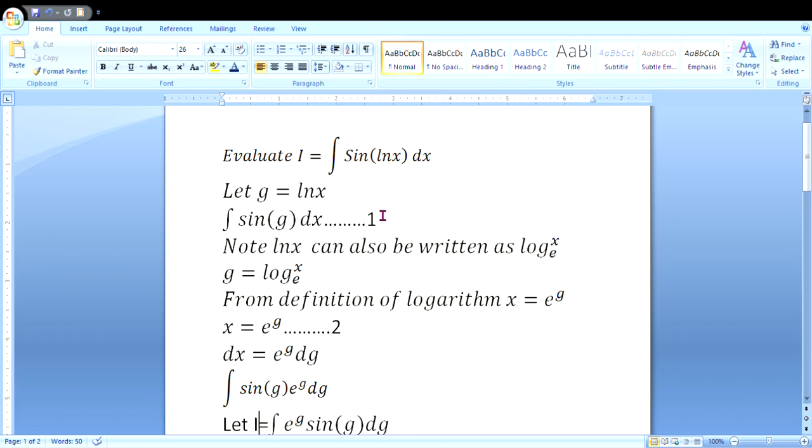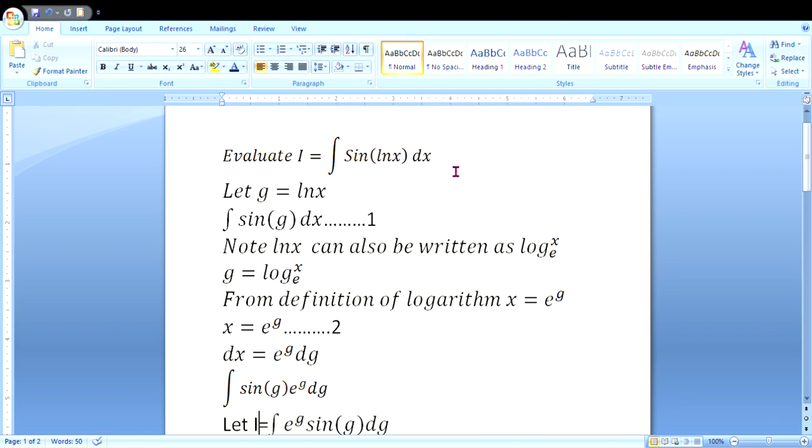Let's take a look at this integral. I is equal to the integral of sine open bracket ln x close bracket dx. Here, let's look for an appropriate technique to be used in resolving this integral.